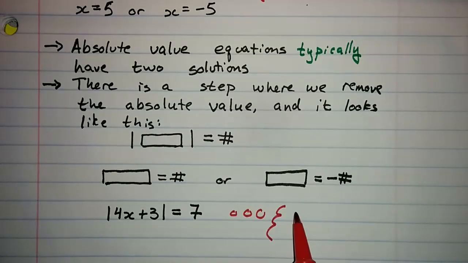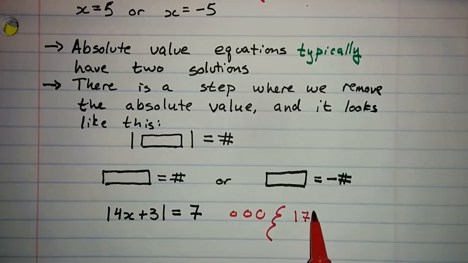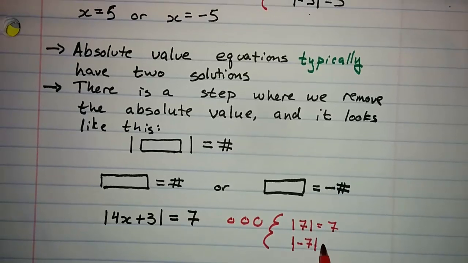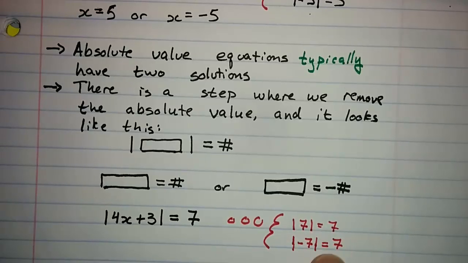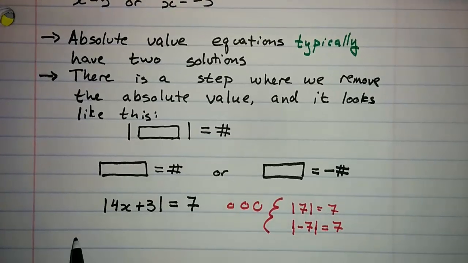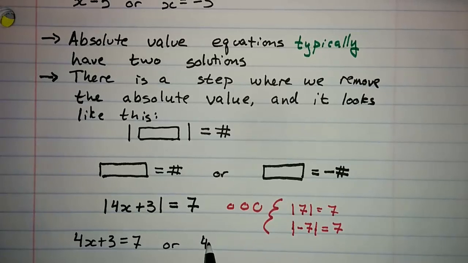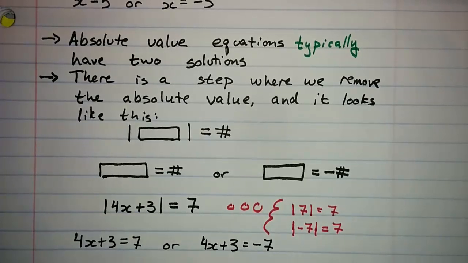And of course, again, the absolute value of 7 is 7. The absolute value of negative 7 is also 7. In order to have my absolute value be 7, I either need to be 7 or negative 7.